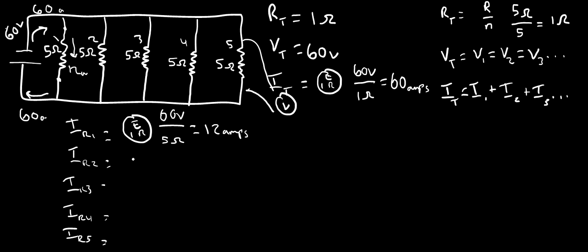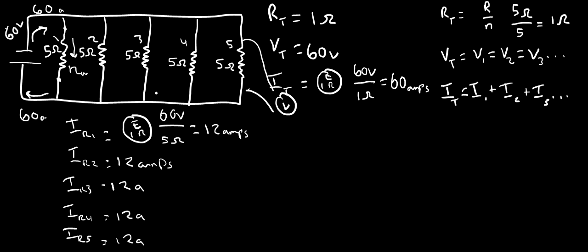Basically we apply that same law to each of these resistors. All the values are the same, so you're going to get 12 amps through each of those resistors, because the resistance is the same.